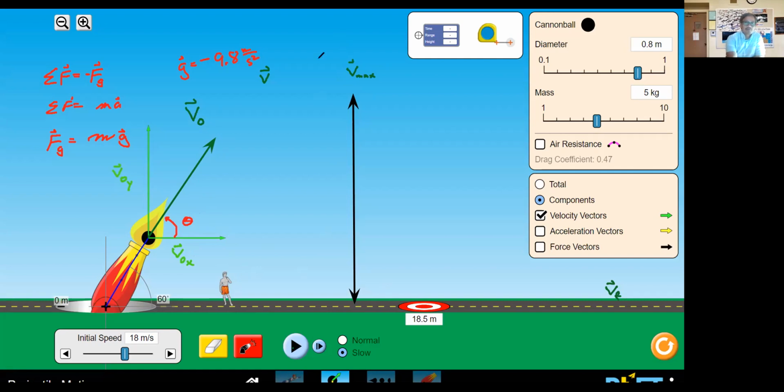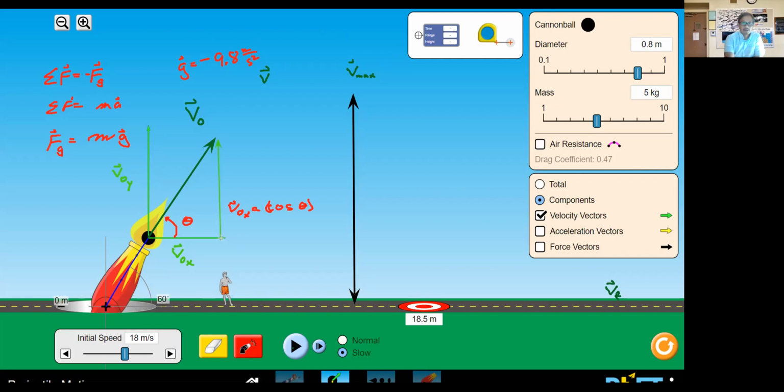And so to find the initial velocity along the x, what would we do? We would take the cosine of theta. If I connected the arrows here, let me do that really quickly. If I just shifted this arrow over to here, you would notice that we form a right triangle.